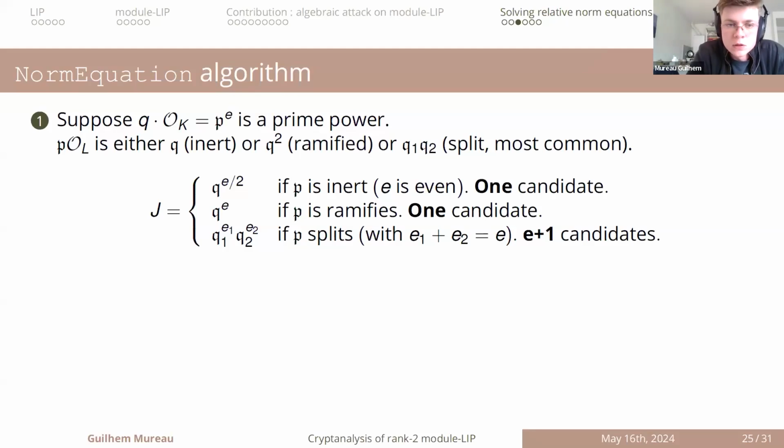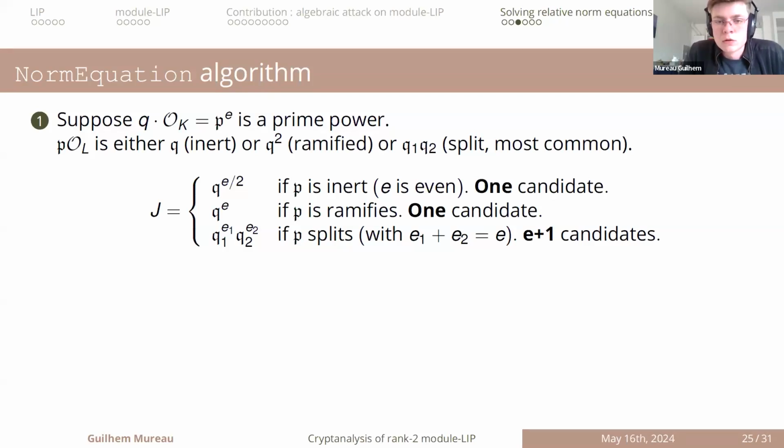So in the first case, when P is inert, we have only one possibility for picking an ideal with norm qO_K. The only candidate is Q to the e over 2. Same thing when P ramifies, we have only one candidate. But when it splits, we have to take for G a product of some power of Q1 times some power of Q2.